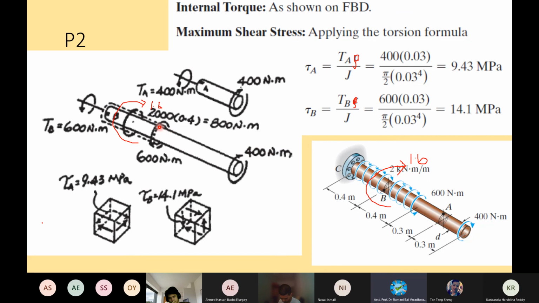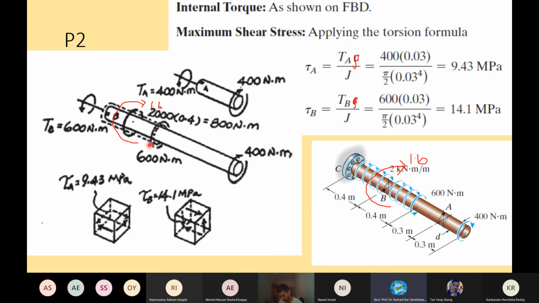Cut 400 will be 600 at this point. So substitute 600 for B point and then multiply by y, 0.03 also at the wall for the whole member, right? So the diameter distance is 0.03. Rho value is 0.03 until the surface ends, over the same polar moment of inertia, substituted to get the answer for shear stress at B. Is this clear?